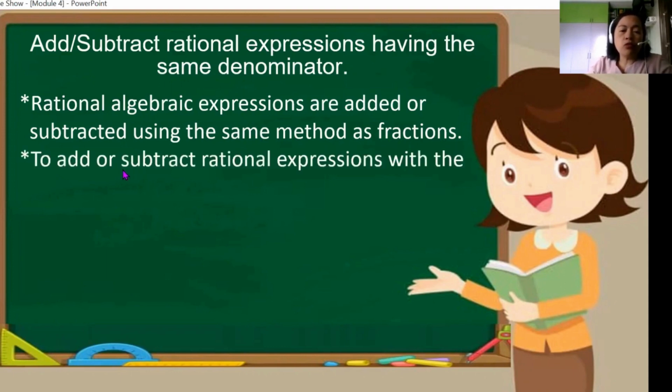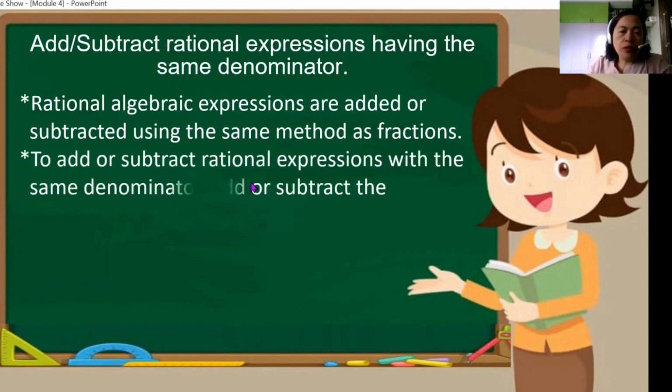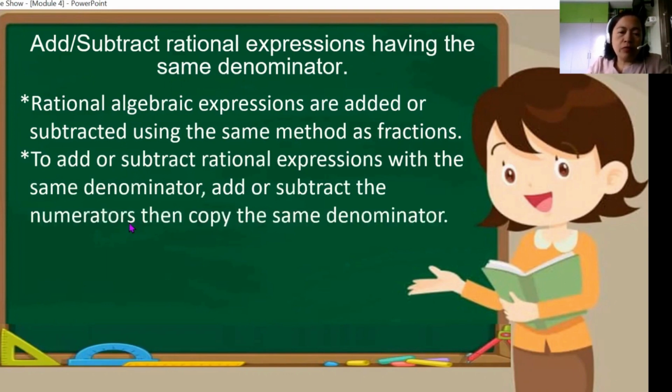To add or subtract rational expressions with the same denominator, you add or subtract the numerators, then copy the same denominator.